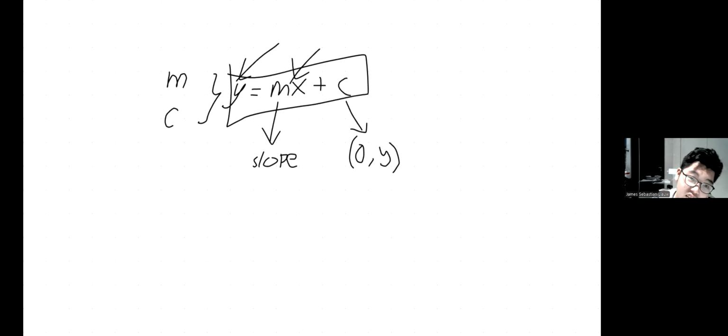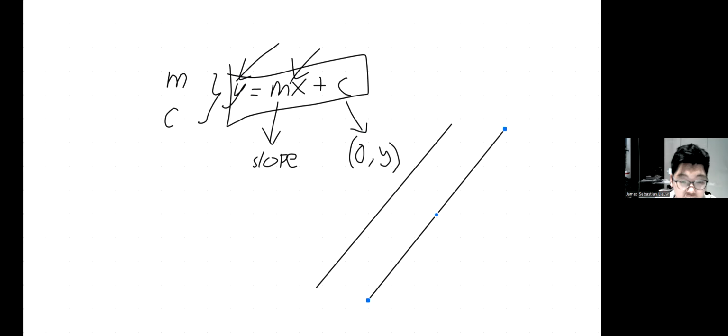Okay, so now we've got our straight line, like so. Now we draw a second line parallel to the first. And guess what?